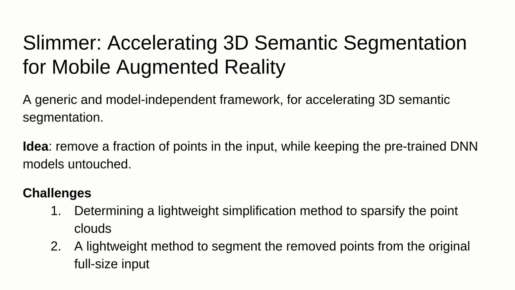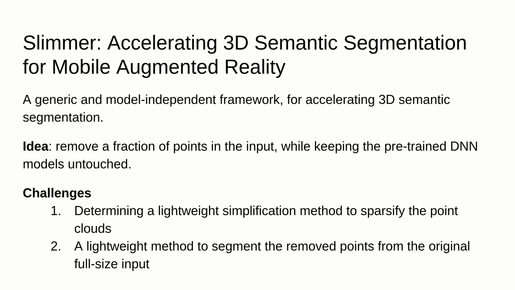Based on our measurement study, we propose Slimmer to accelerate 3D semantic segmentation. Slimmer is a generic and model-independent framework. Our idea is to remove a fraction of points in the input while keeping the pre-trained DNN models untouched. In designing Slimmer, we have two challenges.